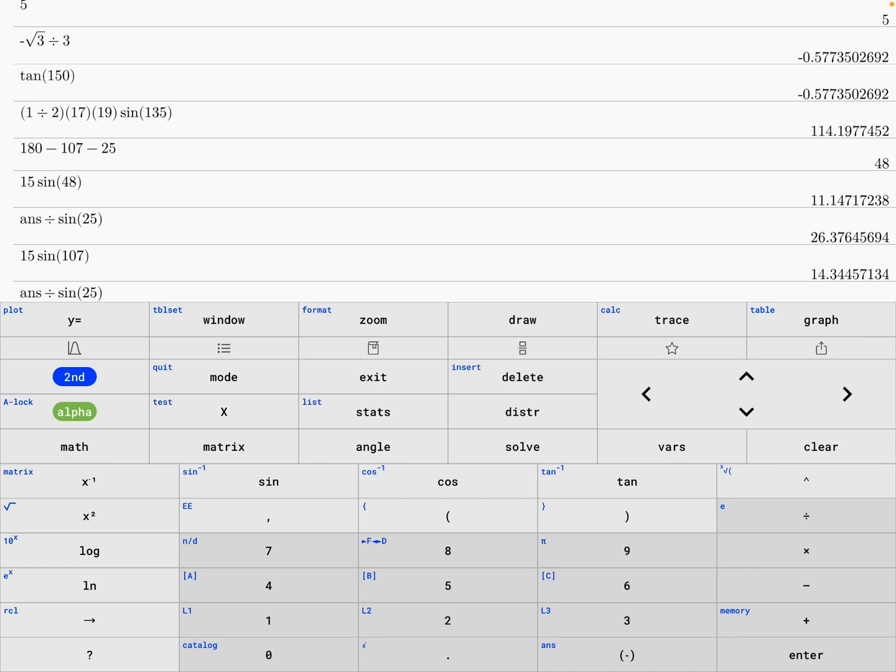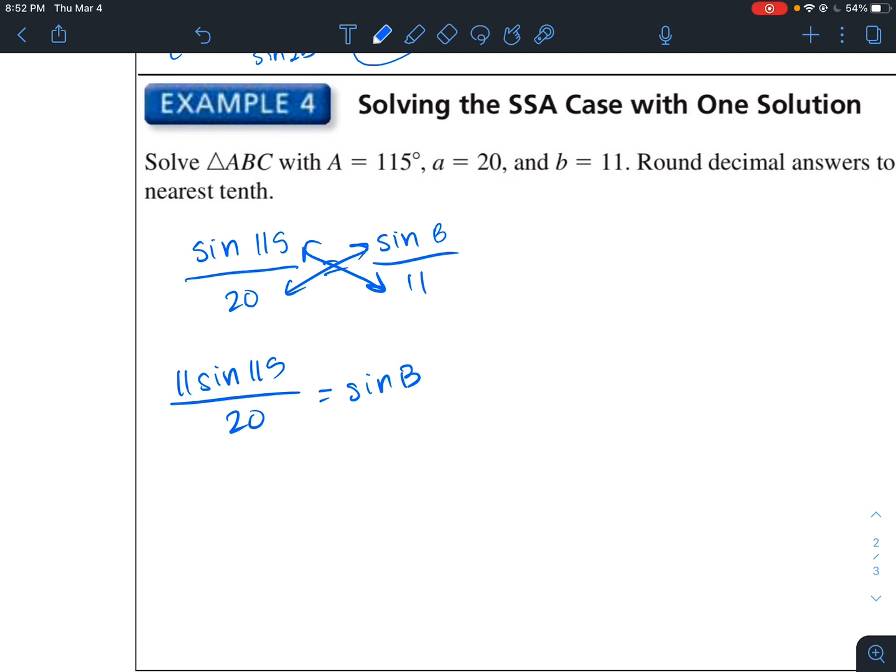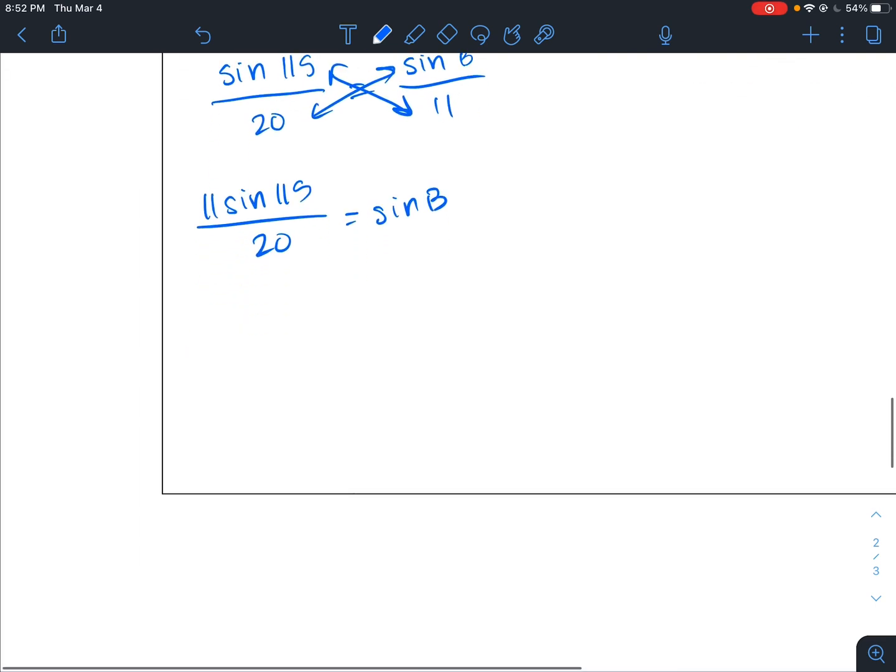What they do is they undo sine functions. You notice here that I have sine of B, so I need to get rid of the sine. In order to do this, let me write it right here: sine of B equals 11 sine of 115 divided by 20.